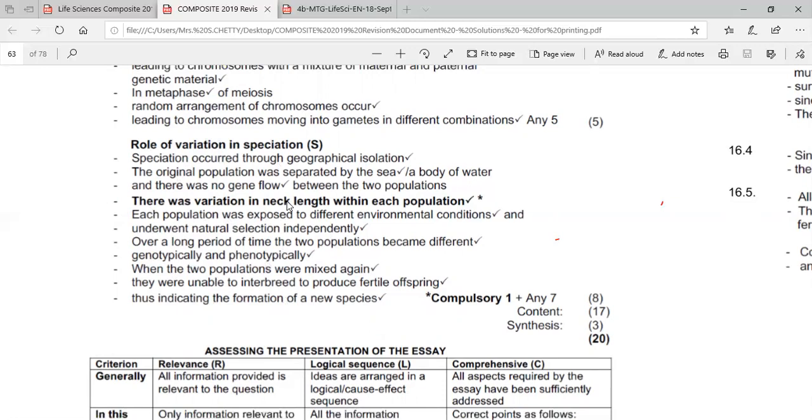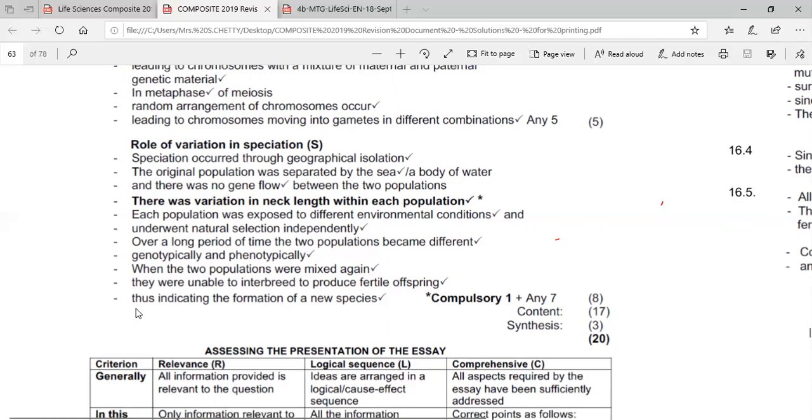So they just mentioned that there was variation in the neck length within each population. So the population became separated. We're talking about speciation. So you talk about the geographical isolation, but nowhere did they even say which neck length would have advantaged each population in each of the environmental conditions. This is one of the reasons why this type of thing angers me, because you fashioned the question in such a way where you wanted the role of the variation in speciation, but you just gave a generic answer here.